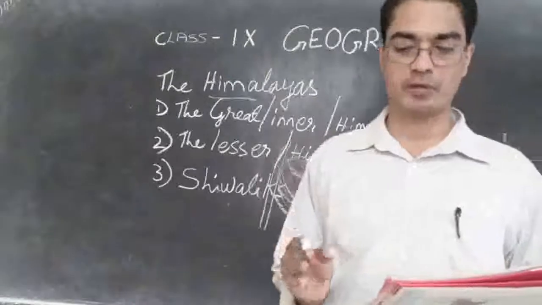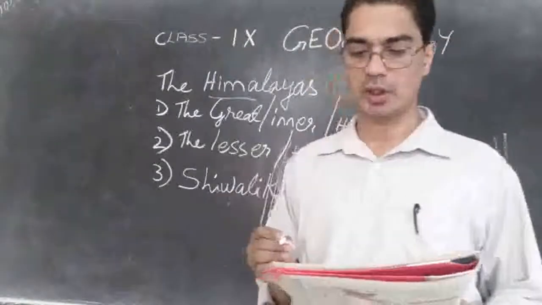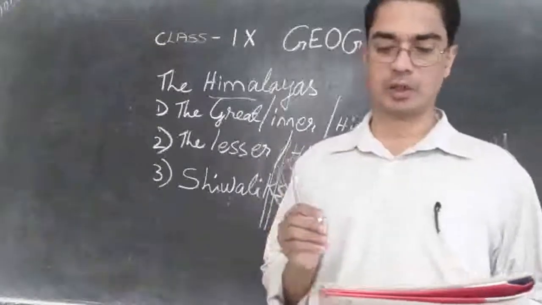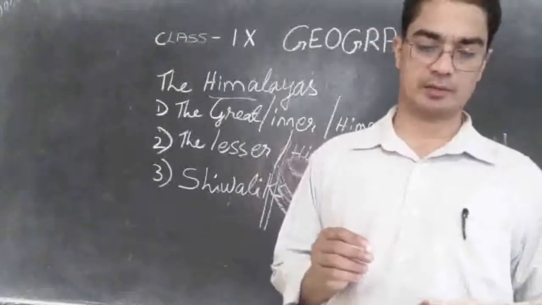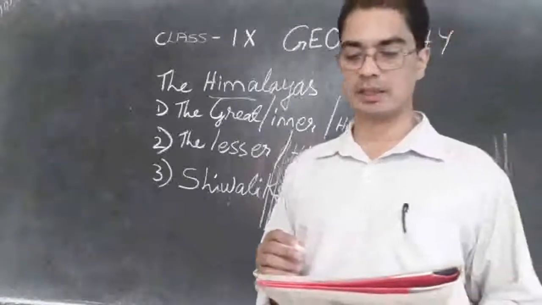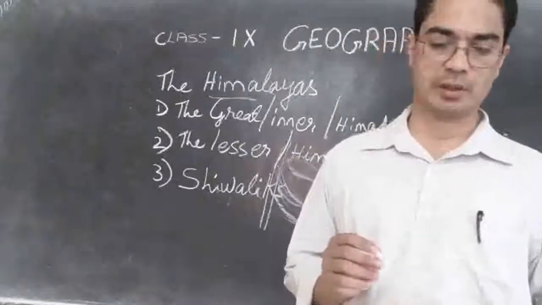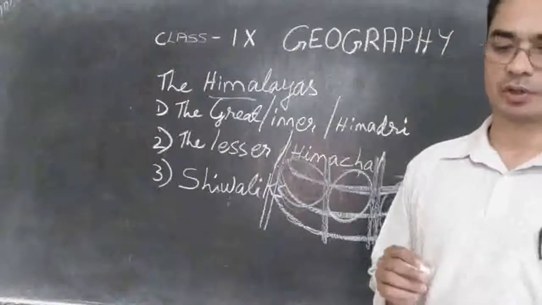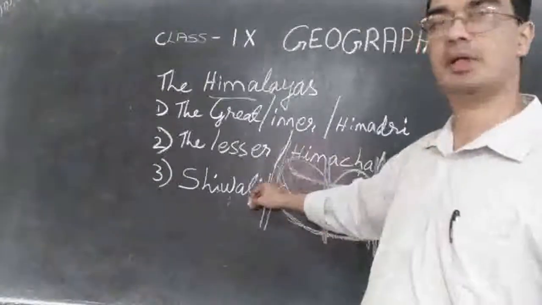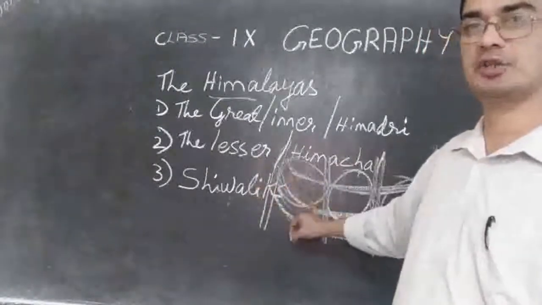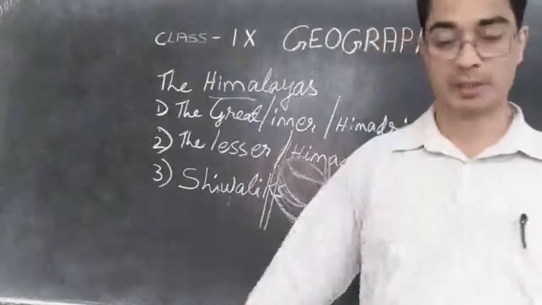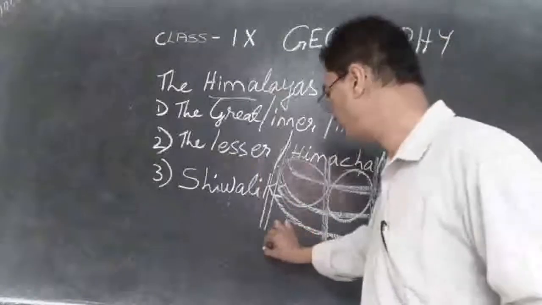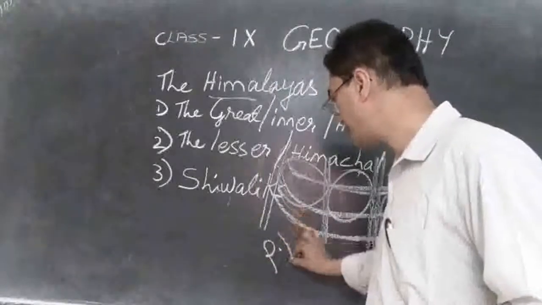What do the people living between Indus and Satluj call it? It has been traditionally known as Punjab Himalaya, but it is also regionally known as Kashmir and Himachal Himalaya from west to east respectively. So people who are living between the Indus River and the Satluj River call it Punjab Himalaya.